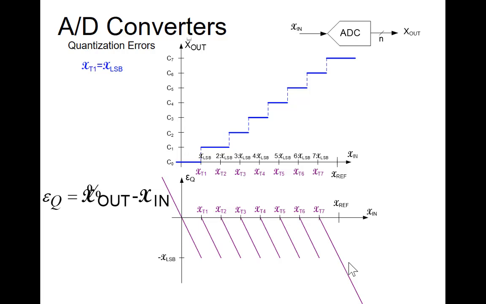And that error will grow down until just before you get to this transition point. At this transition point, the input is XLSB, and the output is still code 0, so the error will go down to minus an LSB. Then a transition will occur, the error will jump back up to 0 and keep coming down like this. So these are quantization errors in an ADC.